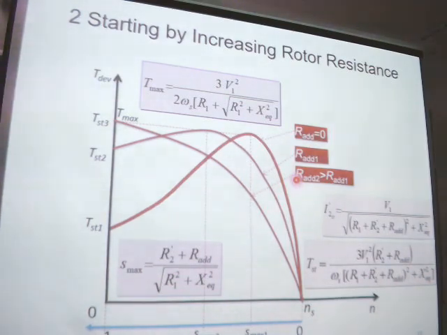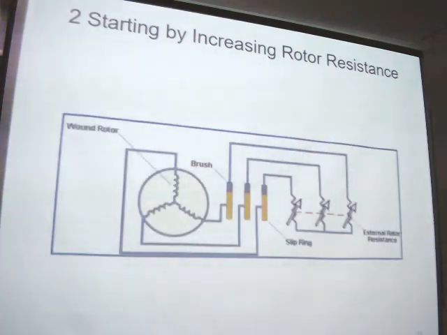So this is for the wound rotor. This method is for the wound rotor induction motor. We can add external resistance to the rotor in series.